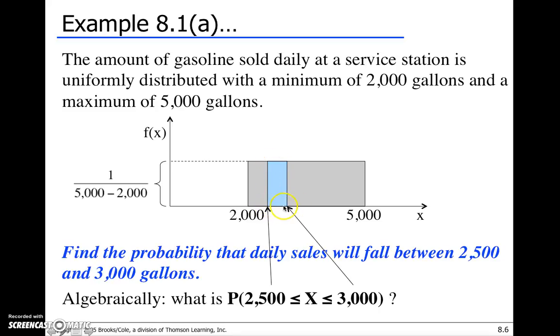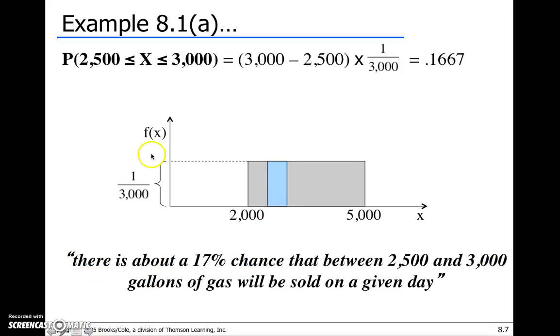This distance, the difference between 2,500 and 3,000, is going to be 500, and the height is 1 over 5,000 minus 2,000, and that is going to be shown on the other side, how we work that out.